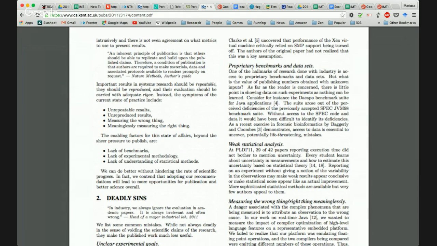They basically say we have applications with unrepeatable, unreproducible results. We often measure the wrong thing, or we measure the correct thing, but in a way that is useless, right? They make this statement without going into details, and then later in section 3, in case studies, they try to bring some cases which demonstrate that, right?